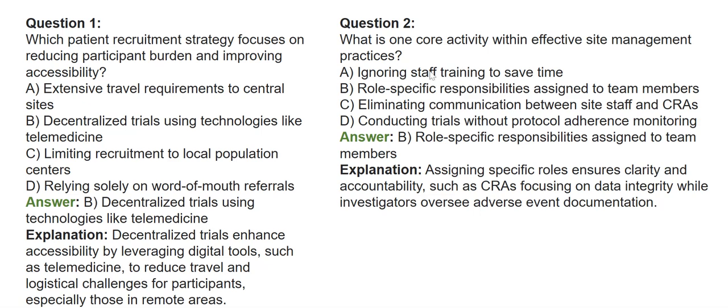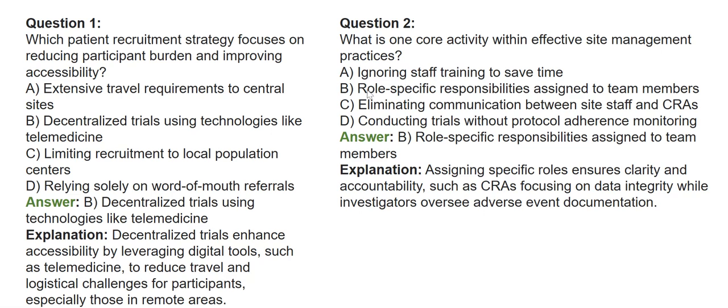So A, ignoring staff training doesn't make sense. B, C, eliminating communication doesn't make sense, as communication is a main factor for any successful trial. Conducting trials without protocol adherence, how come? And protocol adherence is one of the main outcomes that needs to be achieved.